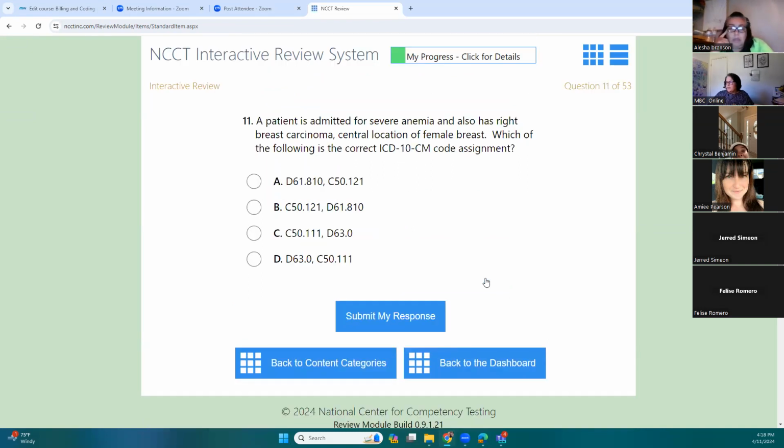All right. Oh goodness. Again, looks scary, but it's not, okay? A patient is admitted for severe anemia and also has right breast carcinoma, central location of female breast. Which of the following is the correct ICD-10 code assignment?